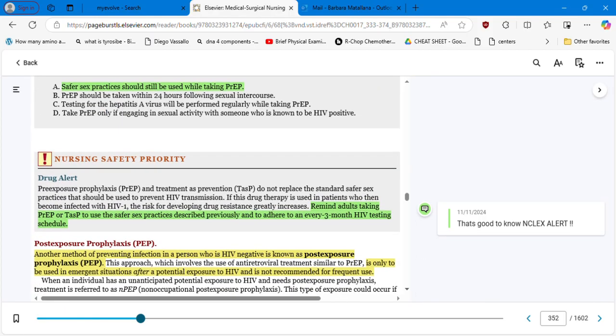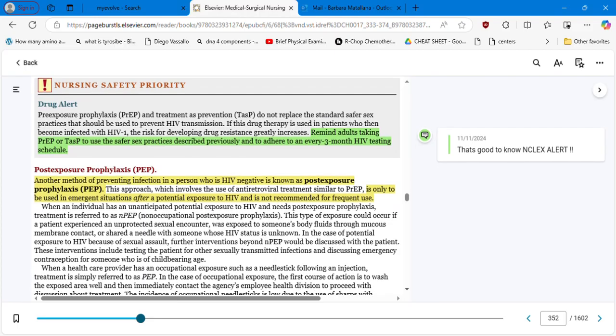So now we are moving to another safety box. Remind adults taking PrEP or TASP, treatment as prevention, to use the safer sex practices described previously and to adhere to every 3 months HIV testing.